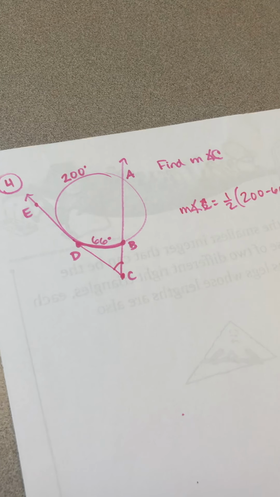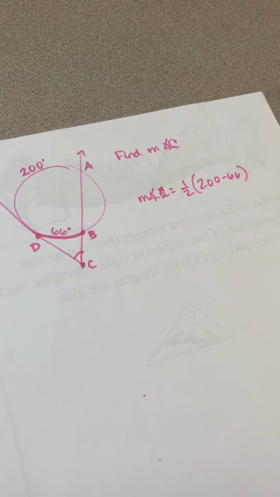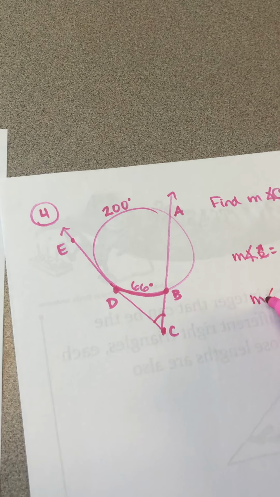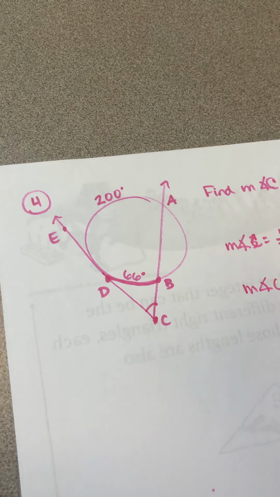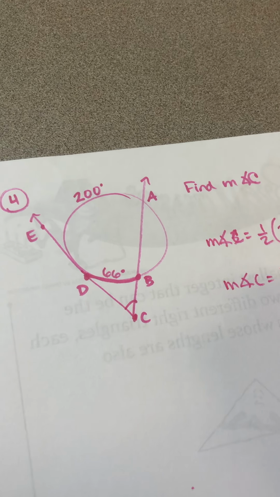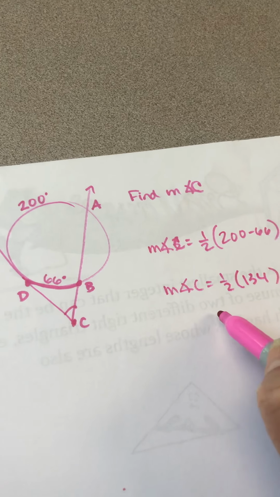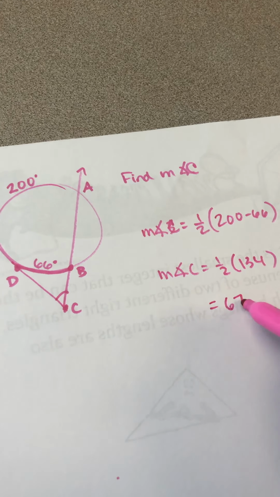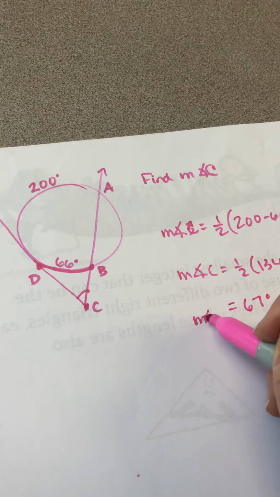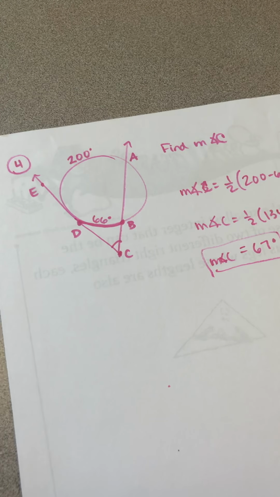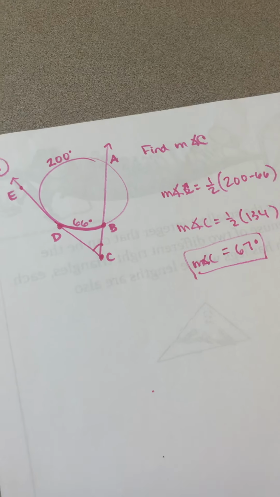The measure of angle C is now 1/2 of 134, and you will end up with 67 degrees for your measure of angle C. So hopefully that helps with section 10.6 in our book. Have a good day.